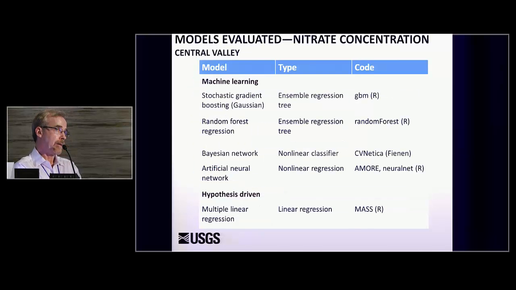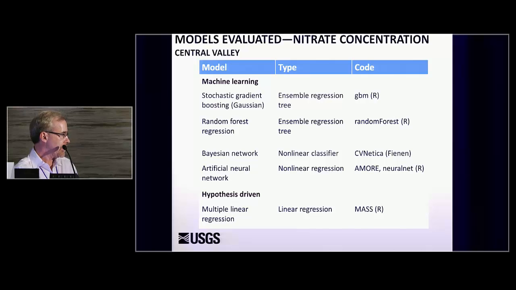So for the Central Valley nitrate data set, groundwater nitrate data set that NAQWA has collected, we looked at various methods here and did a comparison of their ability to fit the data. So several of these were machine learning methods such as boosted regression trees, random forest regression. These are the ensemble tree methods.